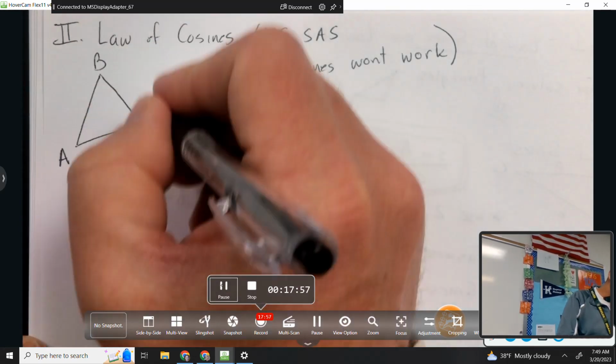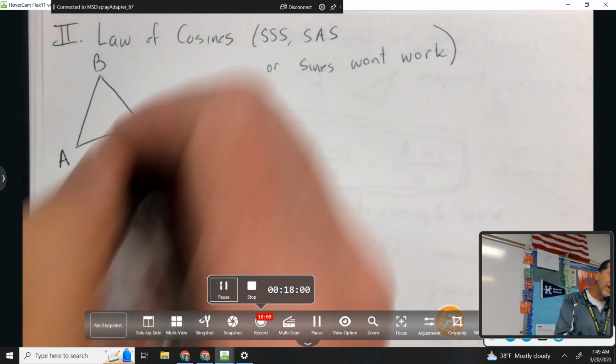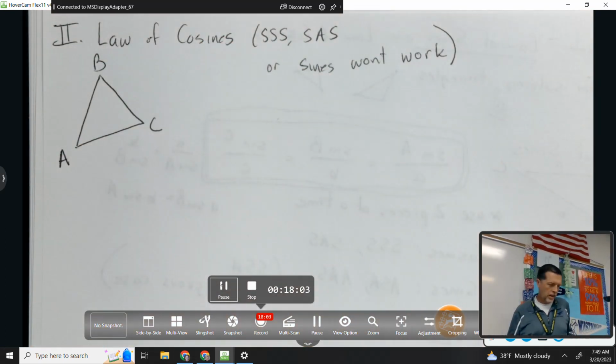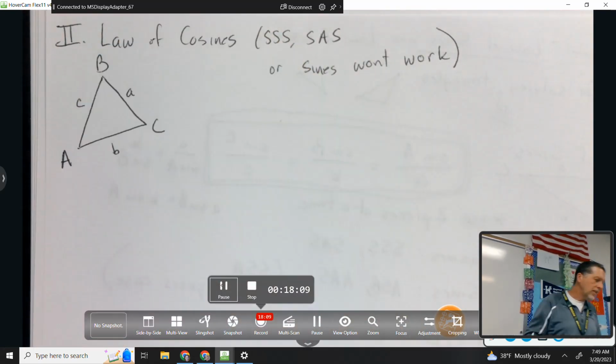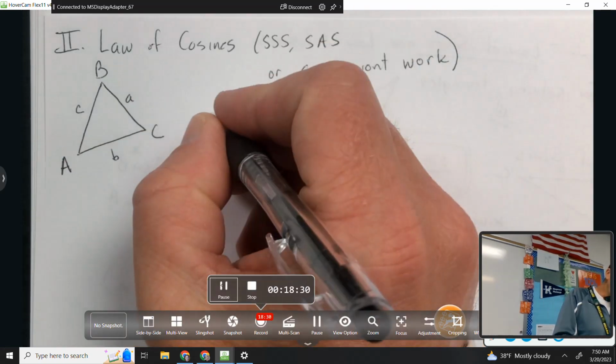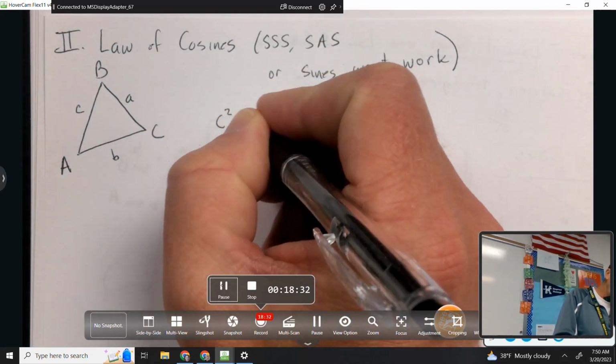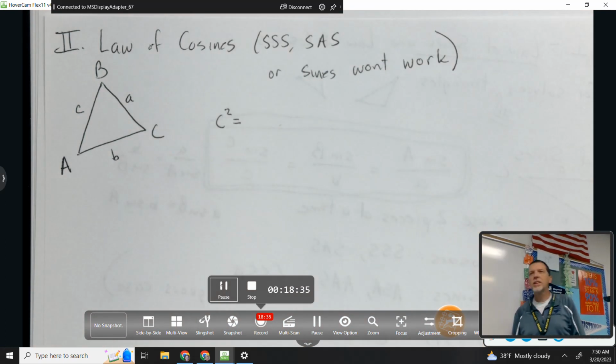Let's again start with any random triangle you like, as long as side a is across from A, side b is across from B, side c is across from C. Law of cosines is harder algebra-wise because there's more stuff going on, but the formula starts out looking very familiar. c squared equals, what does c squared usually equal in geometry?